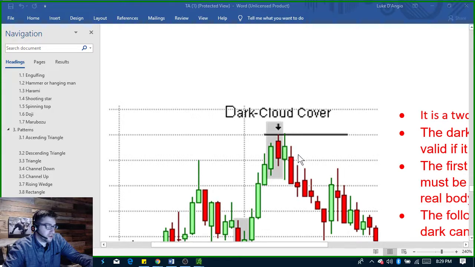And now you can see here you got a little bit of a spinning top candle, which technically could be a reversal candle, followed by what looks to be a little bit of a spring, which is a very long candle that passes the previous green candle. So this is the first one to do that since the dark cloud cover came into play. So what I'm basically saying is there's something called a spring.